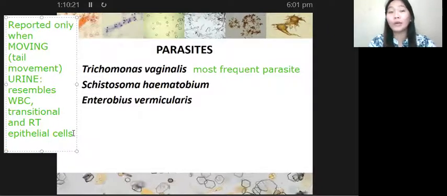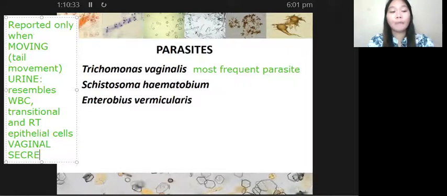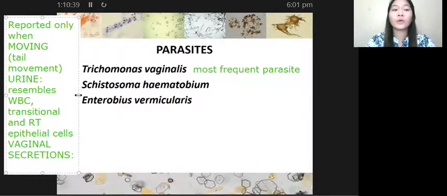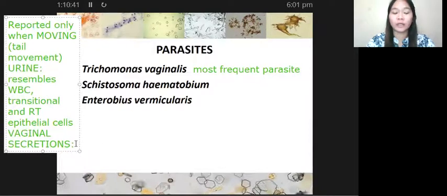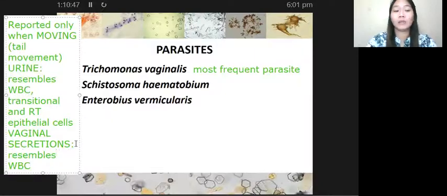Okay? And we are looking at the tail movement or the movement of the flagella of your Trichomonas vaginalis. Okay? So, ano yung sinabi ko kanina na isa pang sample for our Trichomonas vaginalis, we have your vaginal secretions. Okay? So, in your vaginal secretions, it resembles naman your WBC only.